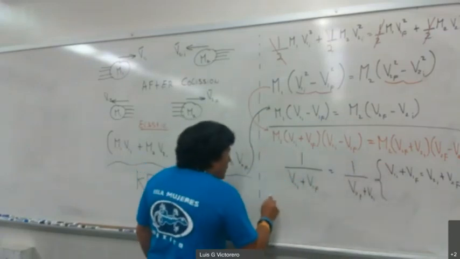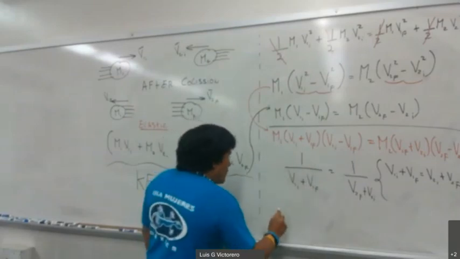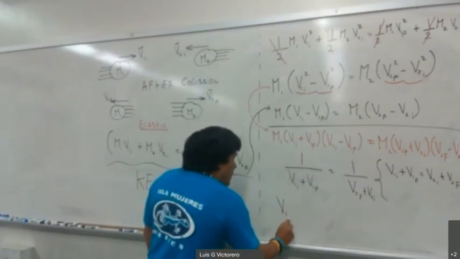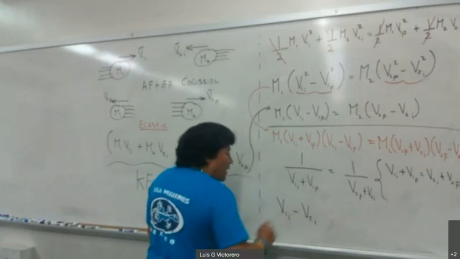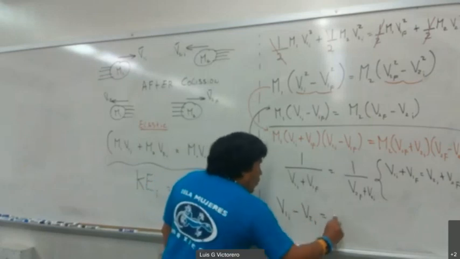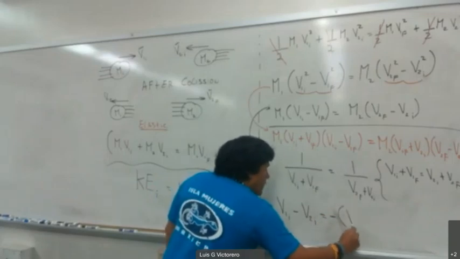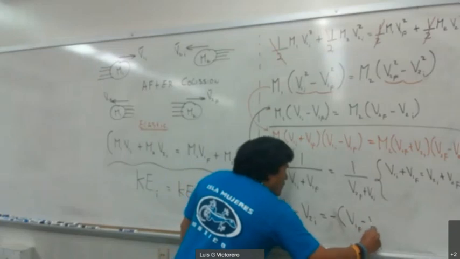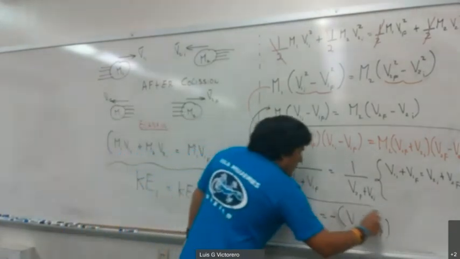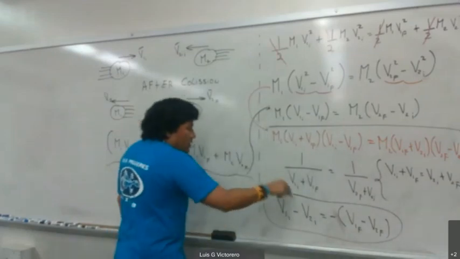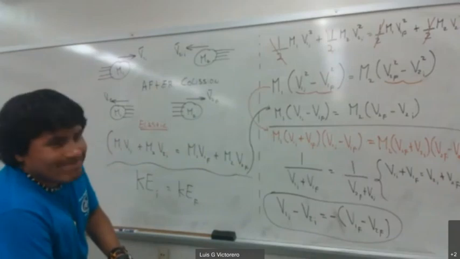I rearrange that in terms of relative velocities before and after the collision. So V1 initial minus V2 initial is equal to minus parenthesis V1 final minus V2 final. That's only true in elastic collisions.